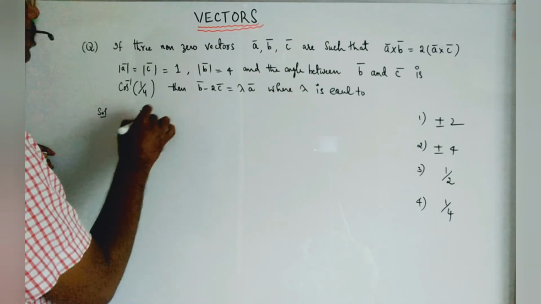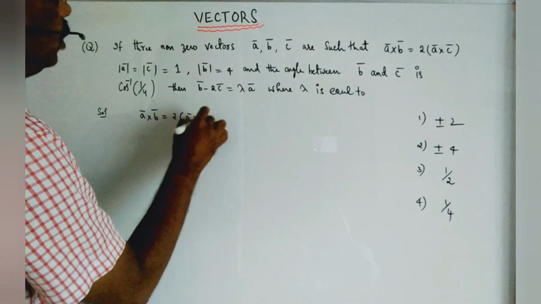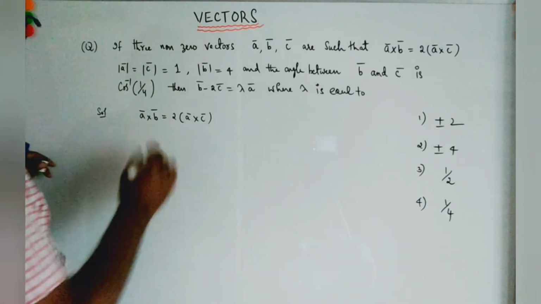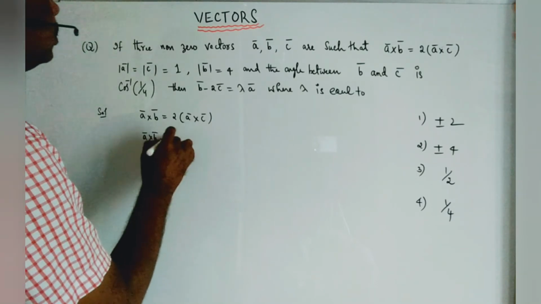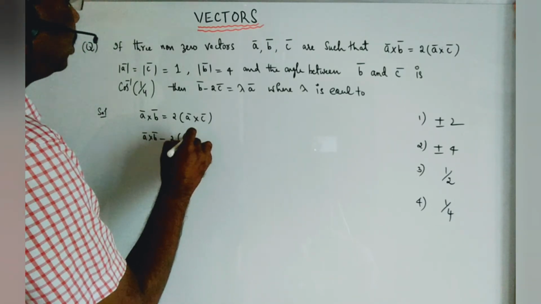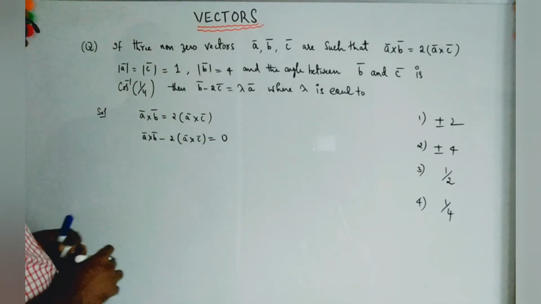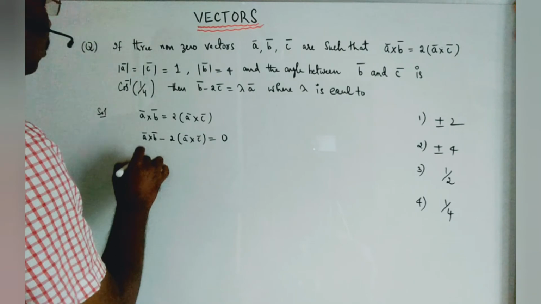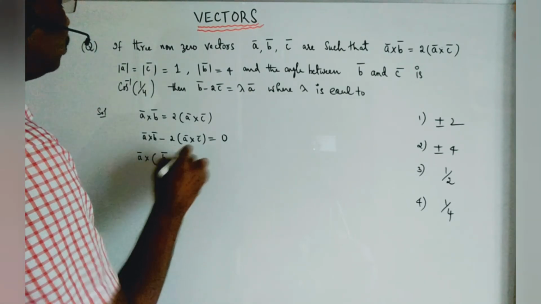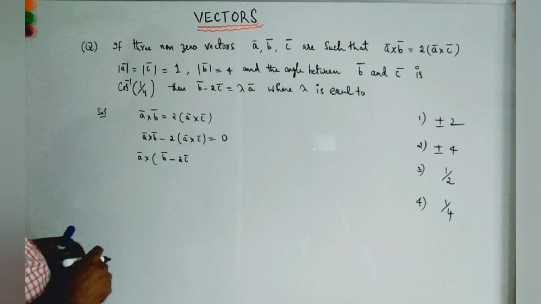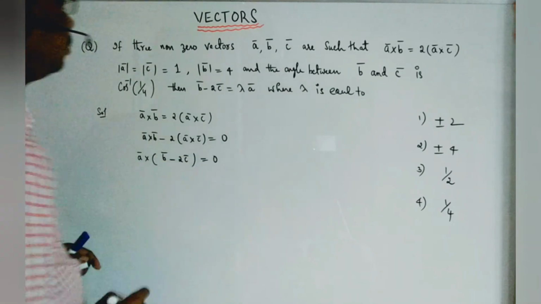Now, a bar cross b bar is equal to 2 into a bar cross c bar. So a bar cross b bar minus 2 into a bar cross c bar is equal to 0, that is, a bar cross (b bar minus 2c bar) is equal to 0.